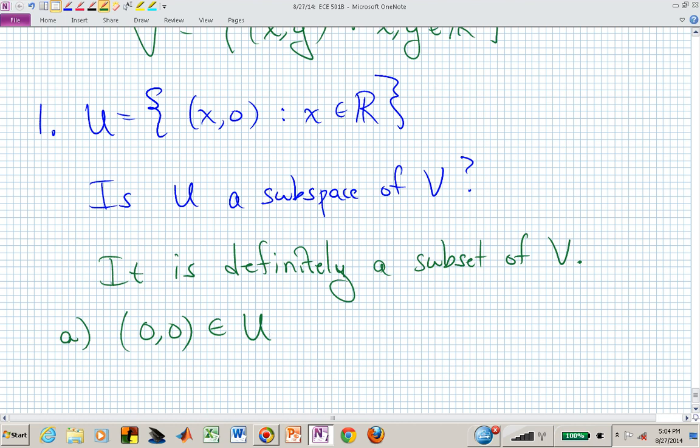If capital U is the ordered pair X comma 0, and X is in the set of reals, does 0, 0 belong to U? Yes, we can just let X be 0. So this is, let X equal 0 in the definition of U.